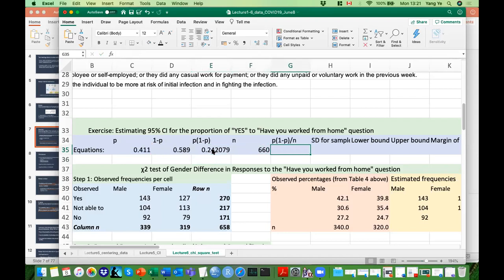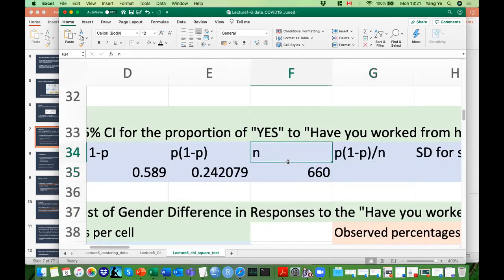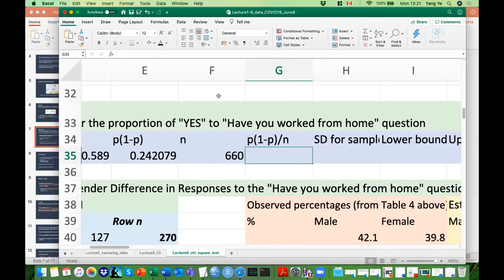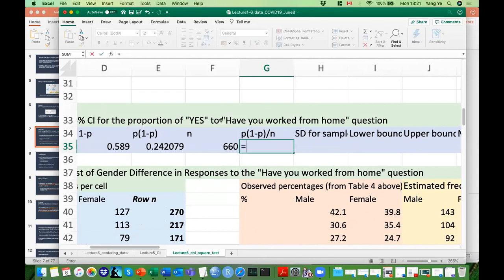So to calculate the standard deviation for our sample proportion, we have to first divide this p times 1 minus p by N. Select this, and we write equals. For your interest, if you start a formula, you always have to start it with an equal sign. You write an equation, you start with equal, and then you can select data.